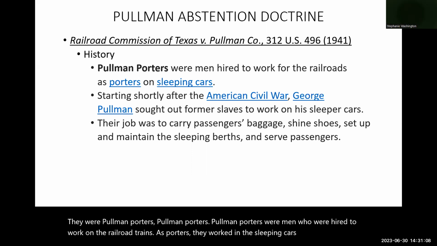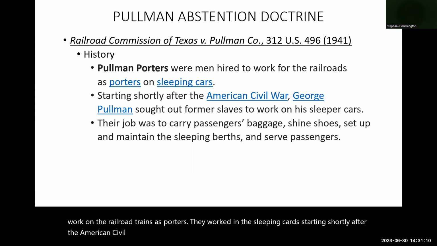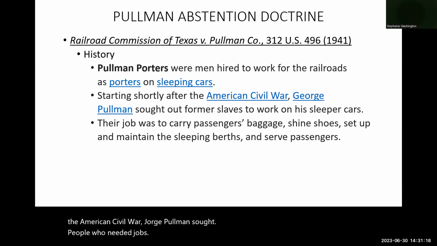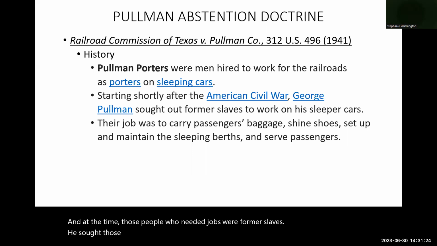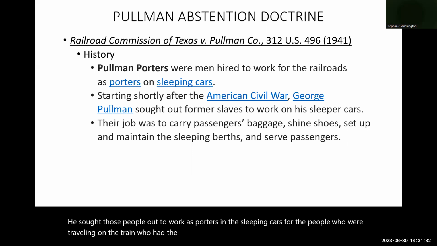Starting shortly after the American Civil War, George Pullman sought people who needed jobs. And at the time, those people who needed jobs were former slaves. He sought those people out to work as porters in the sleeping cars for the people who were traveling on the train who had the luxury and ability to afford sleeping cars.